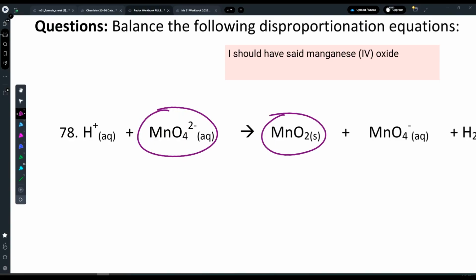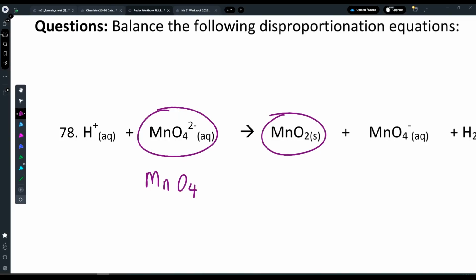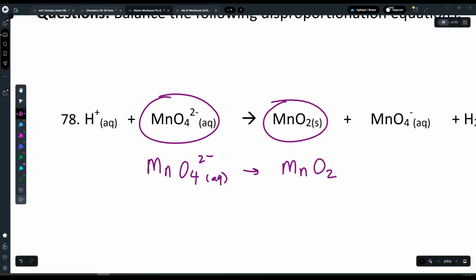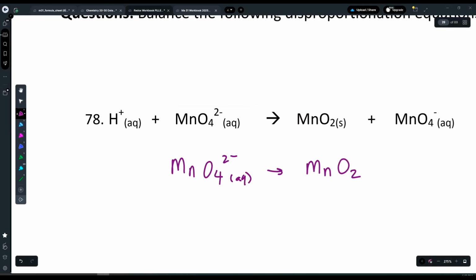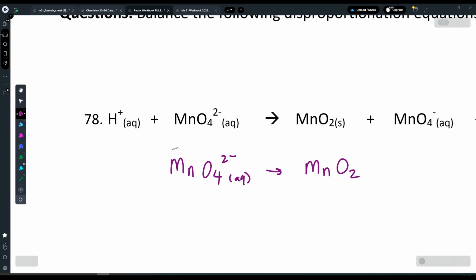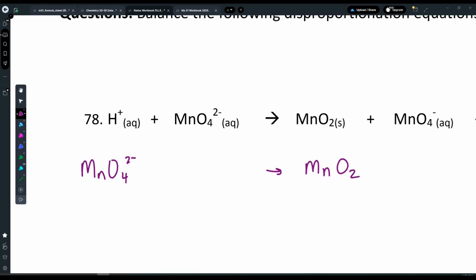Okay, so let's write that out. Aqueous goes to manganese oxide. Actually, I'm going to move this manganate ion just a little bit over. There we go.